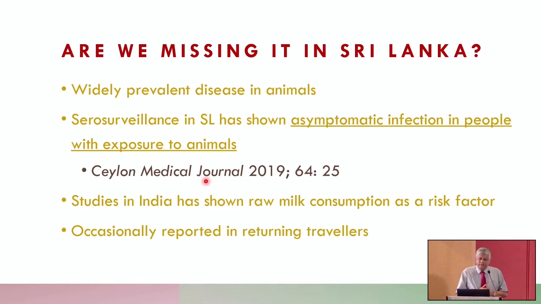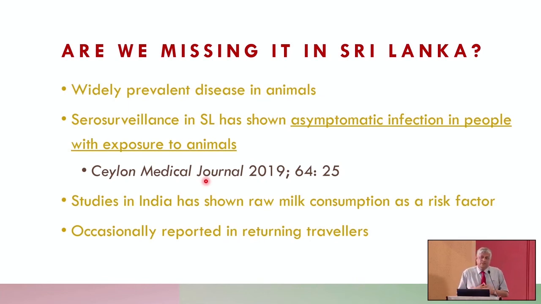We did a study a few years ago to look at serosurveillance of antibody formation to Brucella among healthy people living in those areas. We did it in 4 provinces, and we found that about 7 or 8% of people were actually positive for antibodies, which is a very specific antibody. And the important point is there was a clear-cut statistical association with people who are animal handlers or exposed to the farm environment.